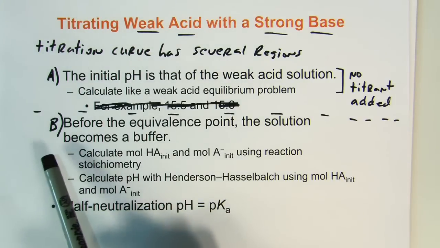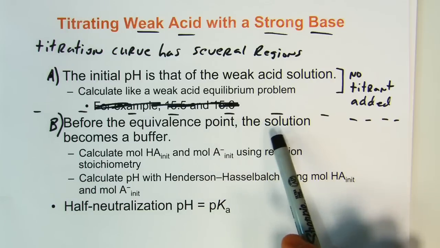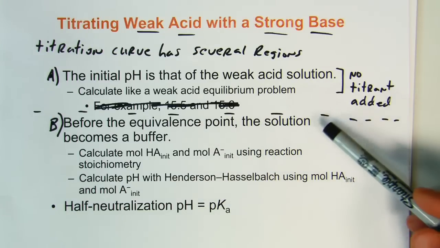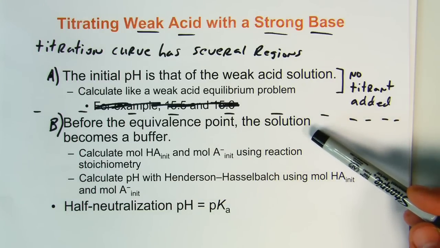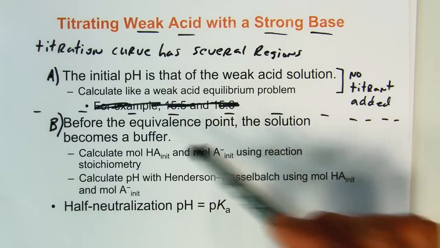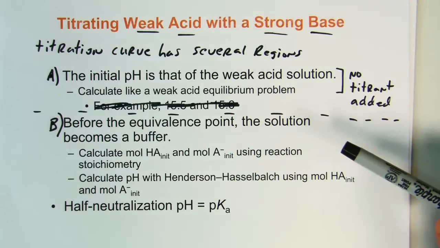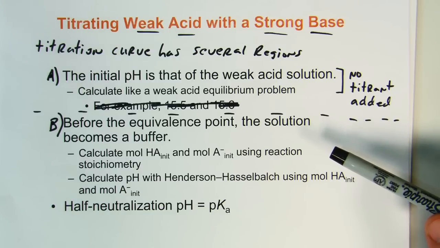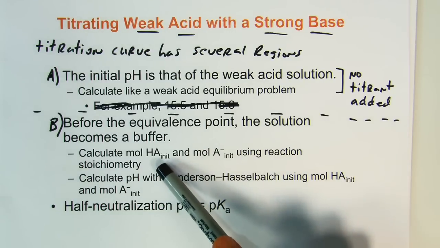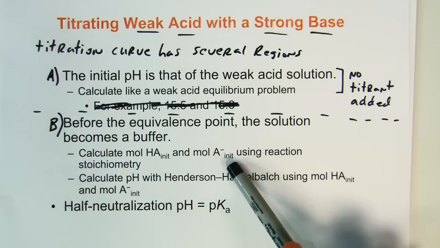The second region of our curve is after some titrant has been added, but we're not yet to the equivalence point. In this region, region B, it's called the buffering region because the solution essentially becomes a buffer. We start to titrate the weak acid, and we convert some of the acid form into its conjugate base.